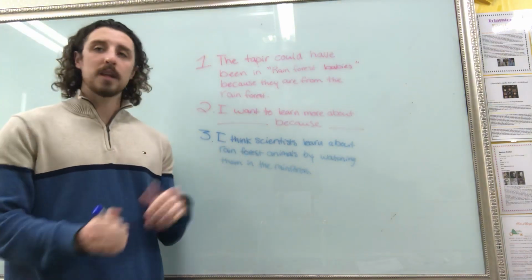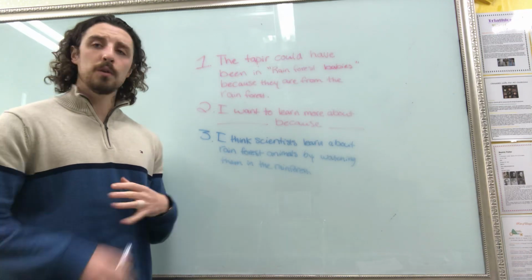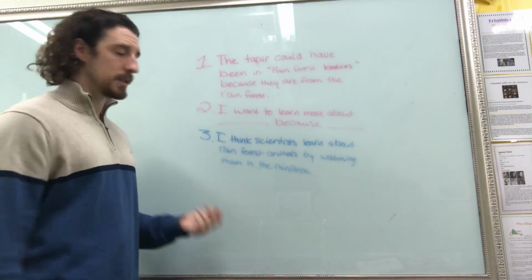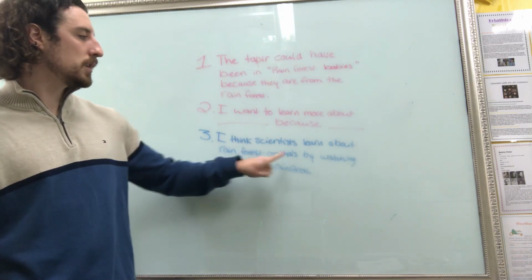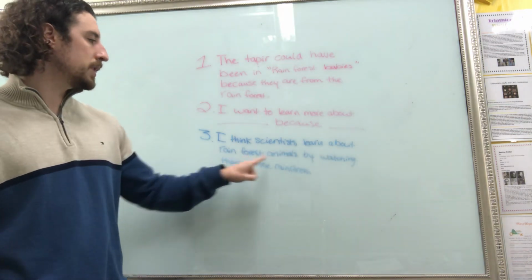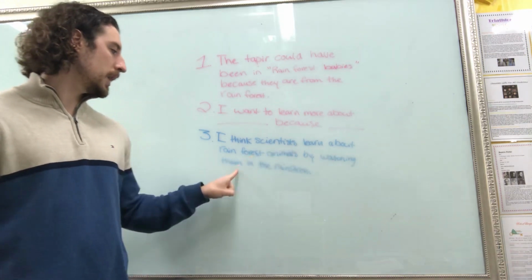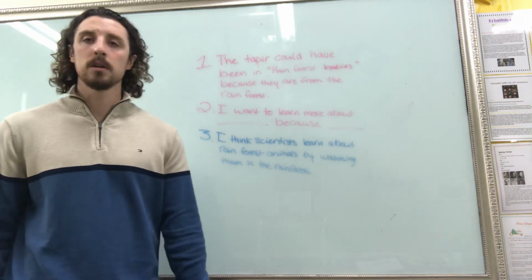Now, you don't have to say these answers if you have a different one. You can say whatever you want as long as it makes sense. So for number 3, I said, I think scientists learn about rainforest animals by watching them in the rainforest.